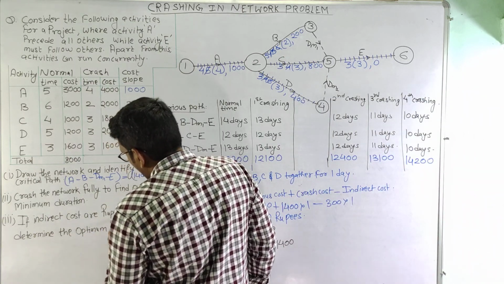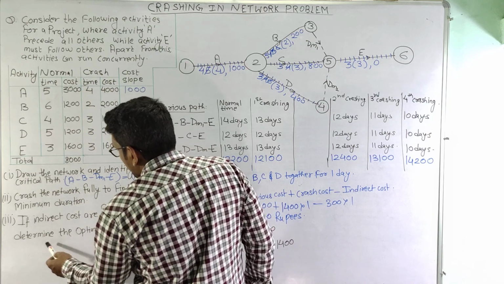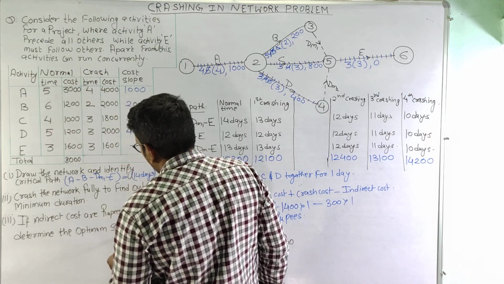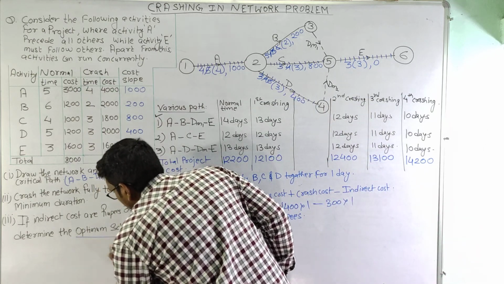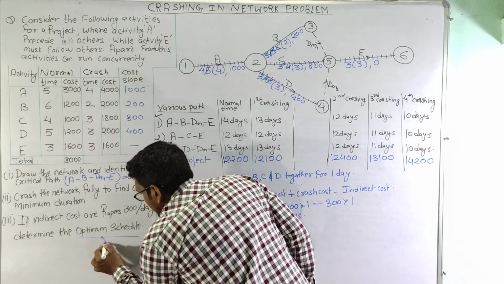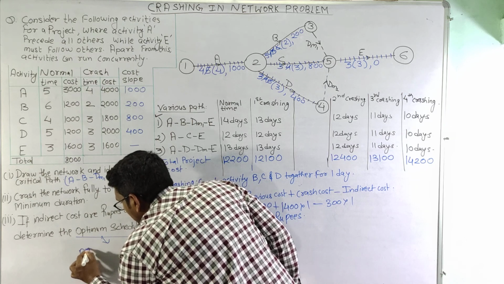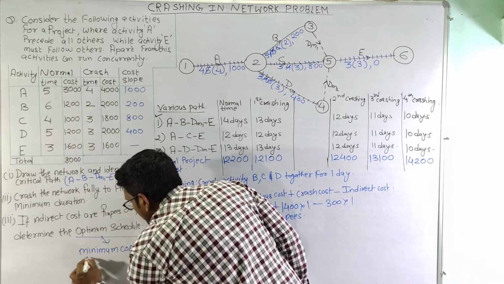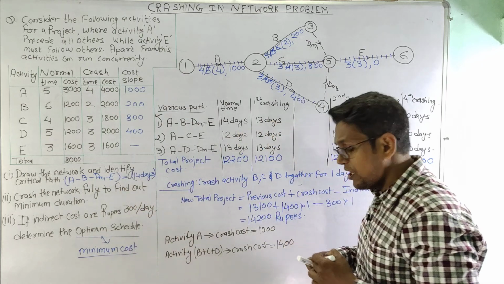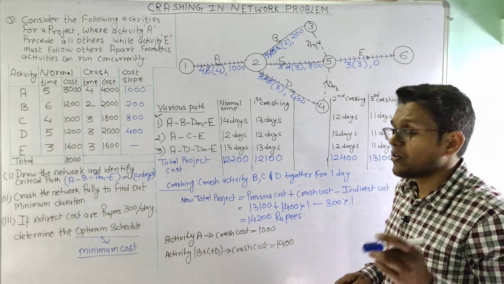Now let us see the third part. If the indirect costs are rupees 300 per day, determine the optimum schedule. Whenever it asks for optimum schedule, that means we need to see minimum cost.